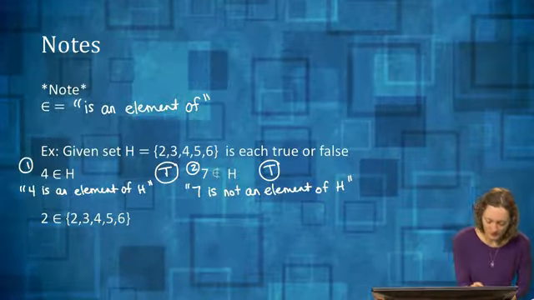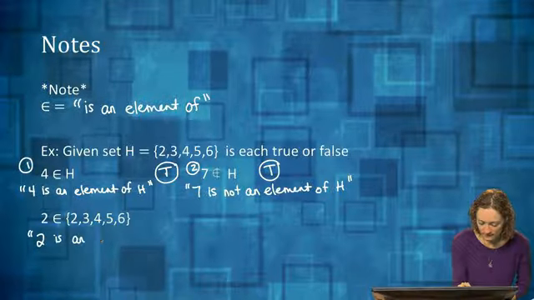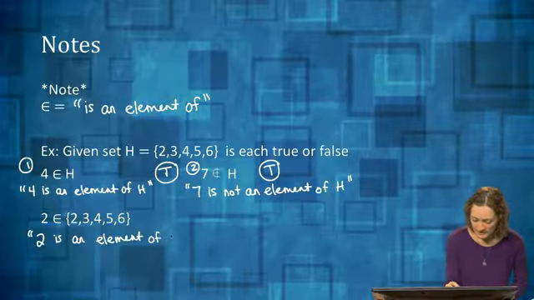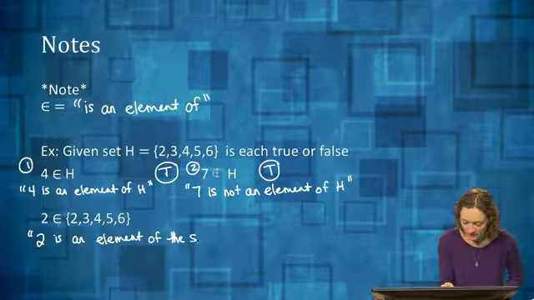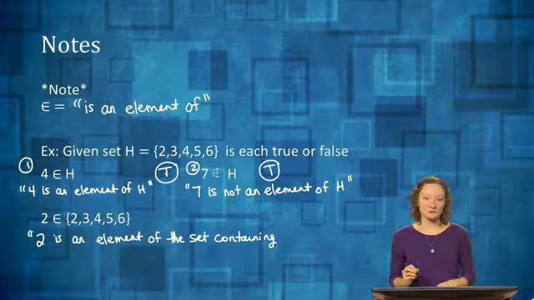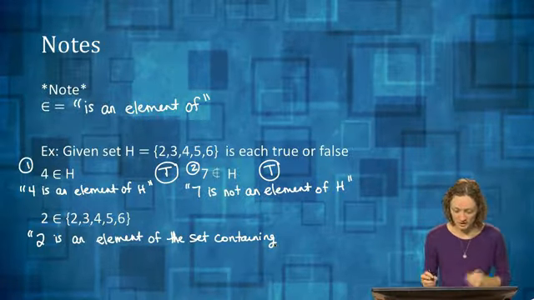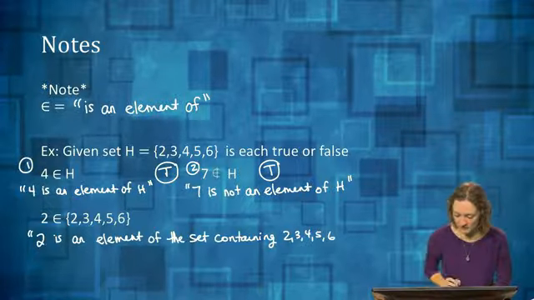And then the last one, this direct translation, says 2 is an element of the set containing, this is how you could translate this piece, the set. Now you could say natural numbers between 2 and 6 inclusive, or you could just list them: 2, 3, 4, 5, 6.